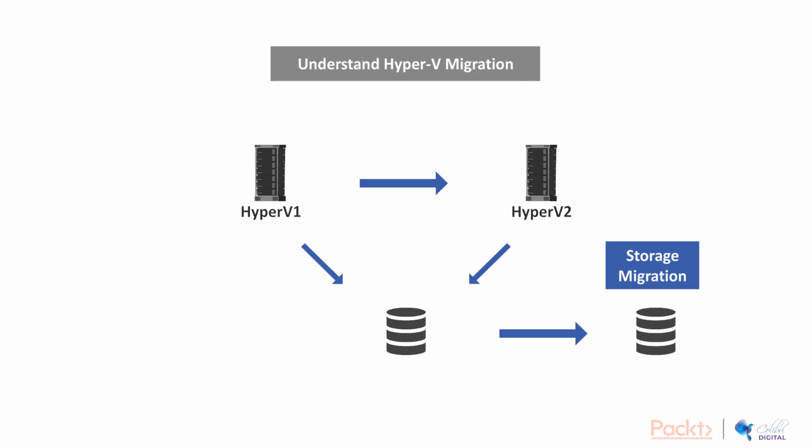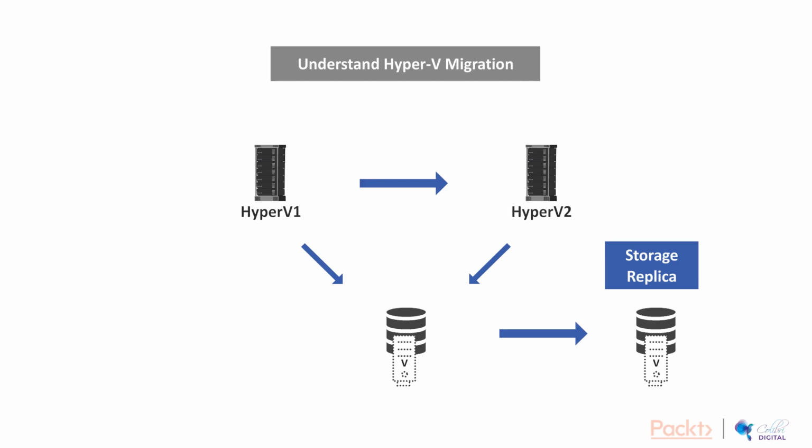That is an option you will find in Hyper-V to migrate only the storage of the VMs. The rectangle here represents a data store, and you migrate the entire chunk of storage to another data store.